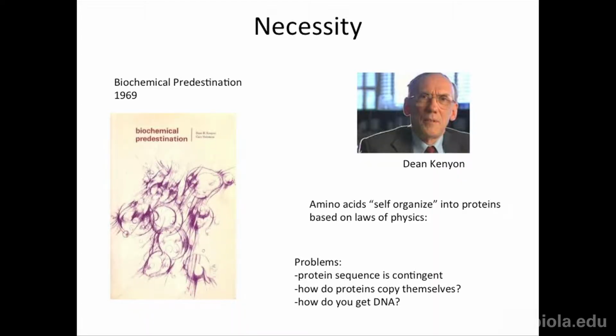This is Dean Kenyon. He was a chemistry professor, San Francisco State, I believe is where he was. And in 1969, he wrote a book called Biochemical Predestination. And he was really wrestling with this fact that chance alone is not capable of assembling functional proteins together. So how did the first functional proteins actually arise?